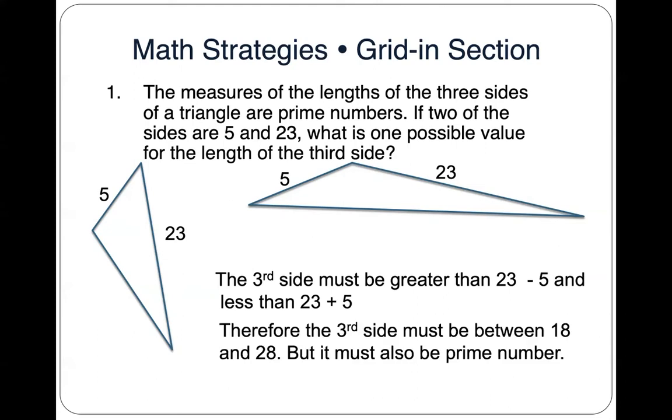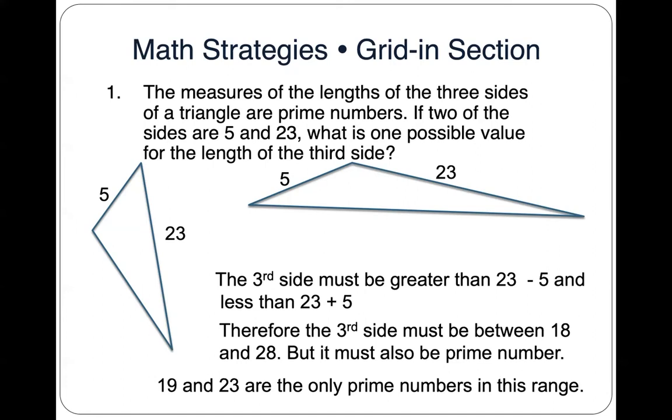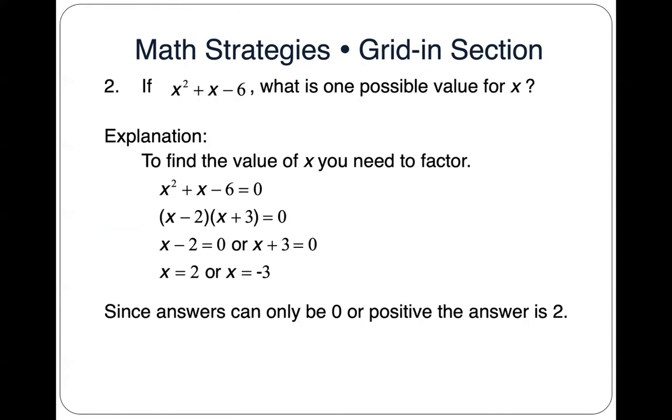Therefore, the third side must be between 18 and 28, but it also must be a prime number. 19 and 23 are the only prime numbers in this range. So you had two choices to grid in.